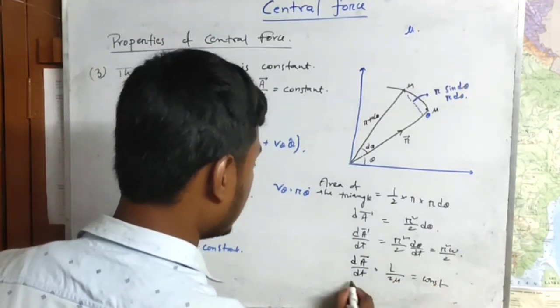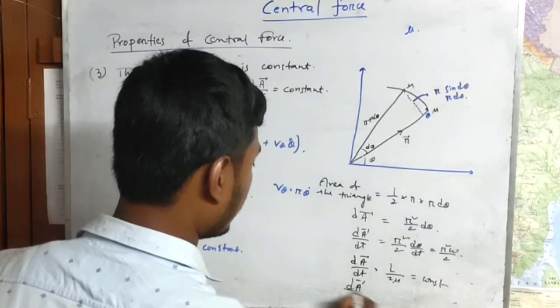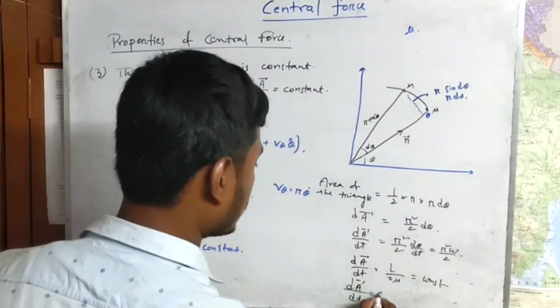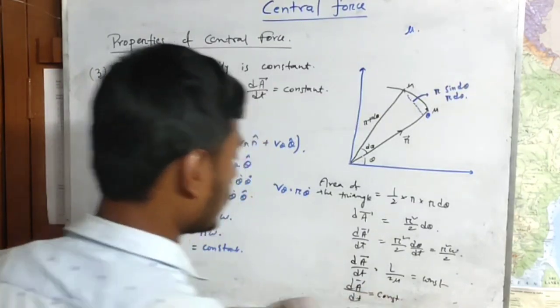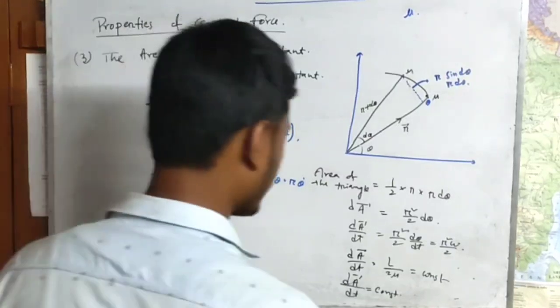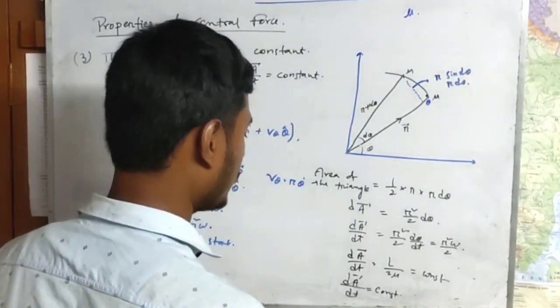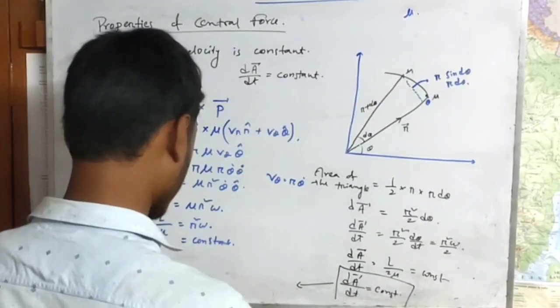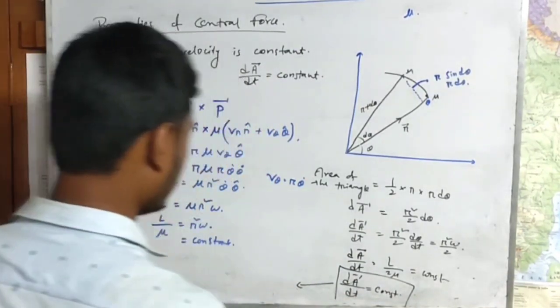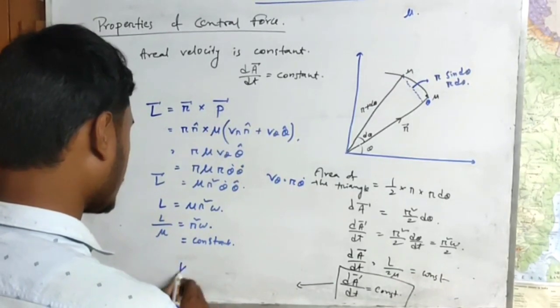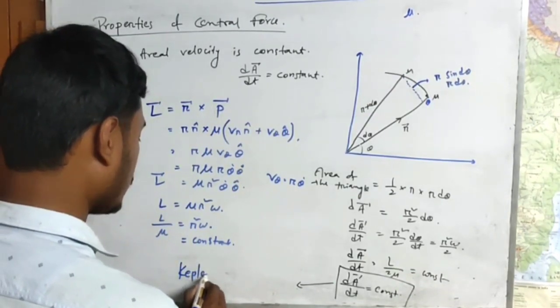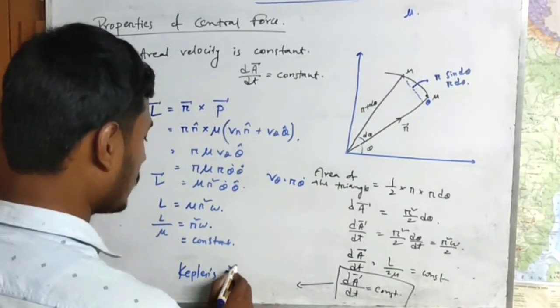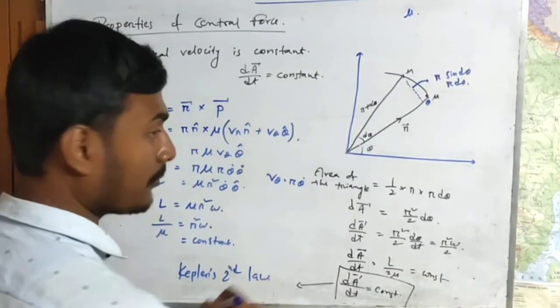So we can say that the areal velocity vector is always constant. And this equation gives us the idea of Kepler's second law of planetary motion.